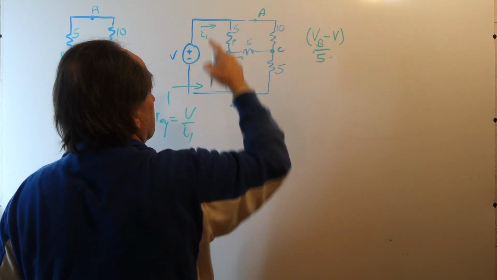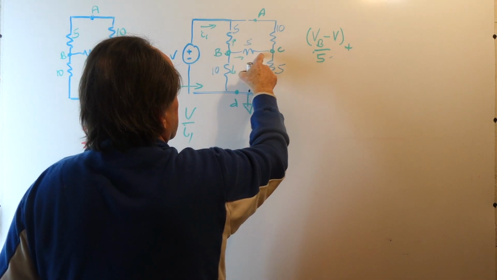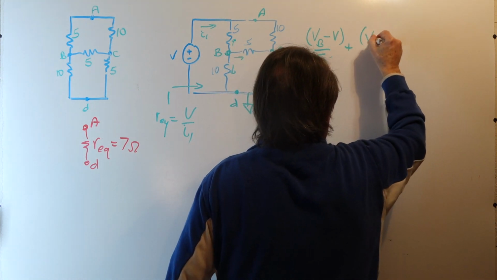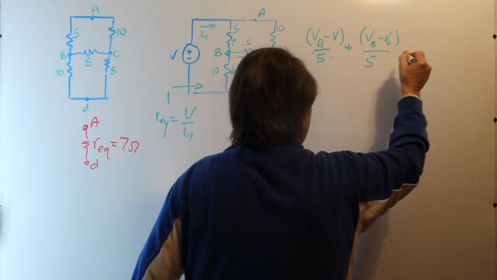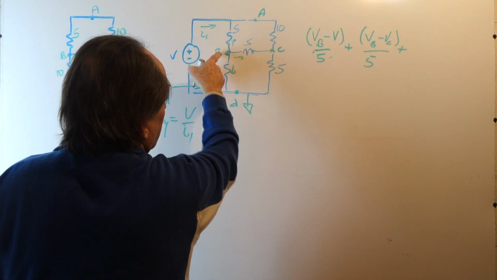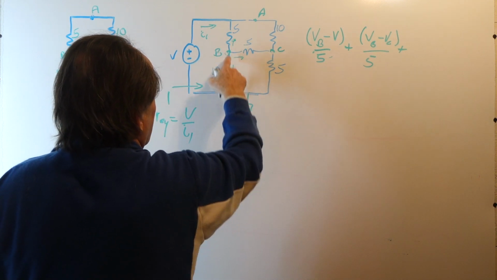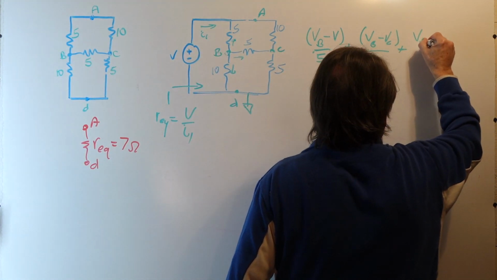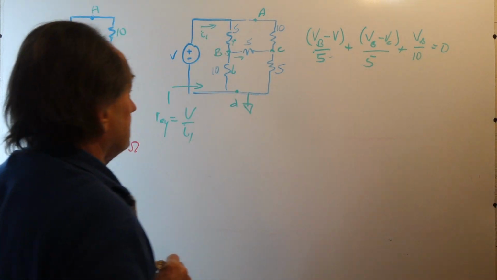That's the current in this resistor, plus the voltage across this resistor, which is VB minus VC, divided by the resistance, which is 5, plus the current through this resistor, which is just VB, the voltage from this node to the reference node, which is also the voltage across the resistor. So we have VB over 10, and that's equal to 0.